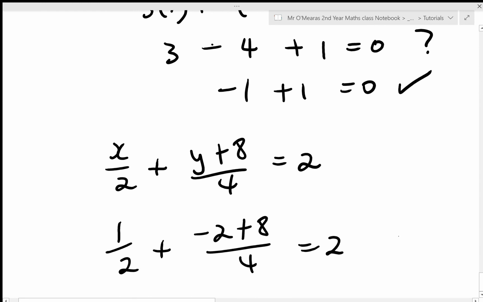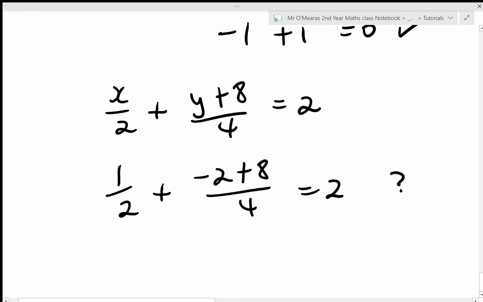Again, we are just querying, does this fit into both lines that we were given at the very start? Because whatever two numbers we've found must fit into both, because what we're finding is a point of intersection between two lines. So we end up with a half plus -2 plus 8 is 6 over 4.